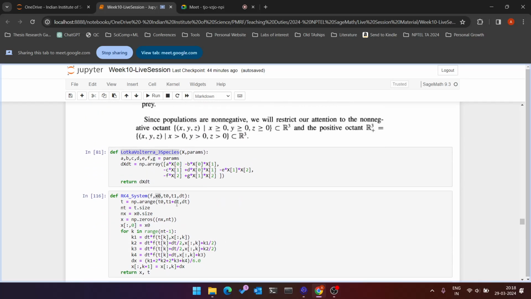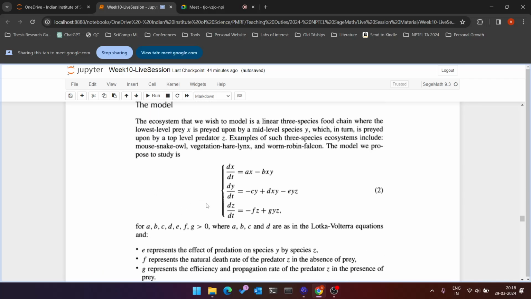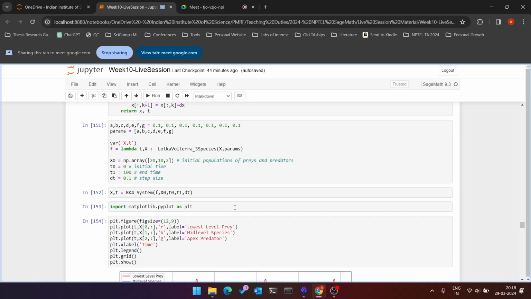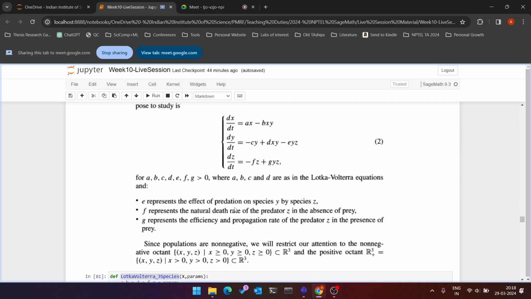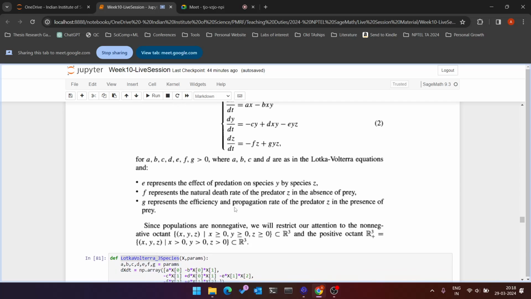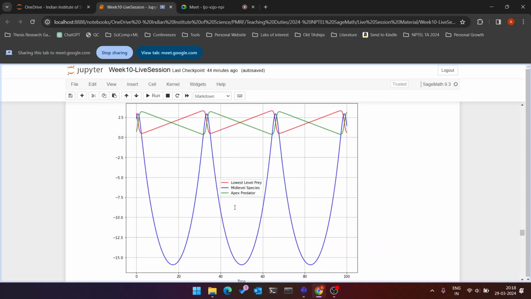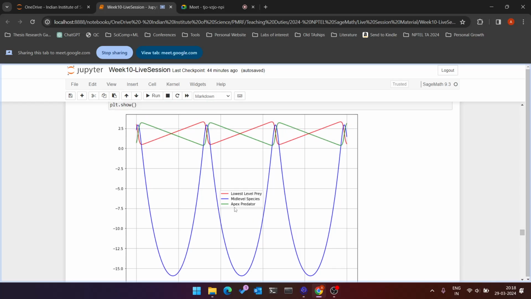One of the drawbacks of this model is that because it's a continuous model, dx, dy, dz, you cannot restrict it to integer values, which is not something that happens in a population.